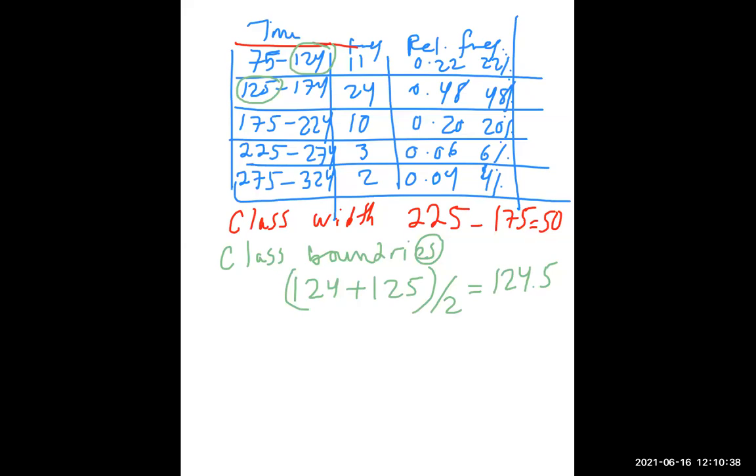You take the upper and the lower, you add them, 174 and 175, and you divide it by 2. Every time to find the class boundary, you add the two and you divide by 2. 174.5. So keep going. It's going to be 224.5, 274.5.